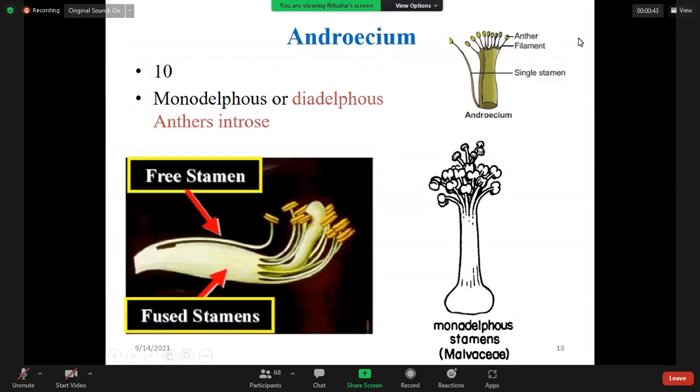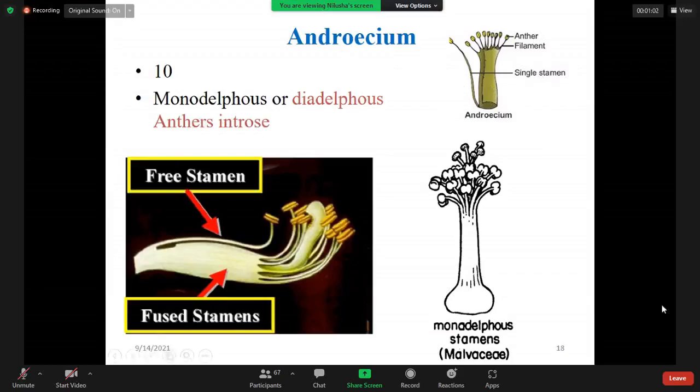You can see in this picture, this is the anther, and this is the filament. They are parts of the androecium, that means the male parts.